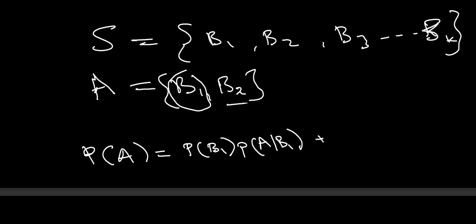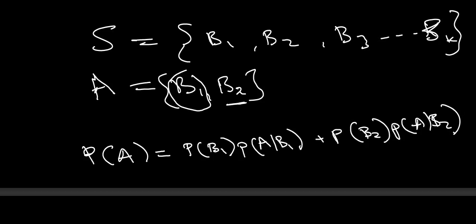Plus, if there's another event here, let's say B2, the probability of B2 times the probability of A given B2. So depending on the number of events you have placed in the subset of S, which in this case is A, it will determine how many parts you're going to have on the right-hand side.